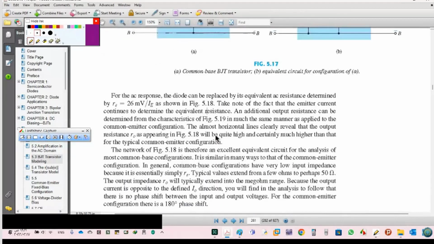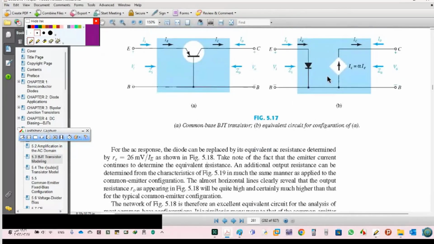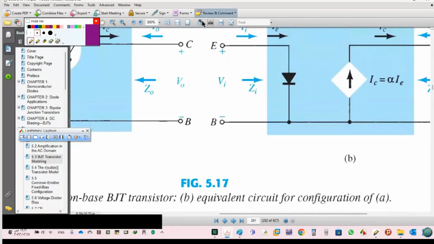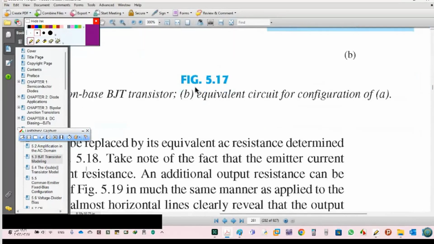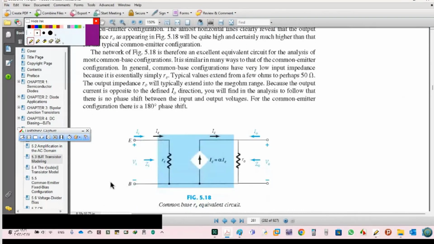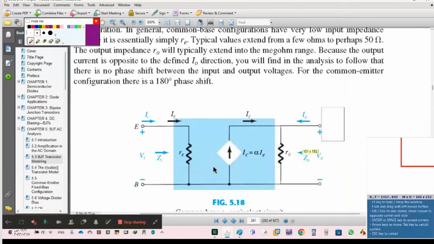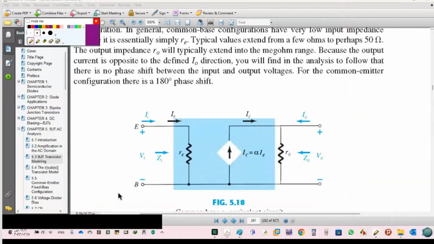In common base, we don't have anything else. This diode, usually we find or use dynamic resistance. So here it is re, only re without beta. So this is the model. Let's copy and compare in Paint together.